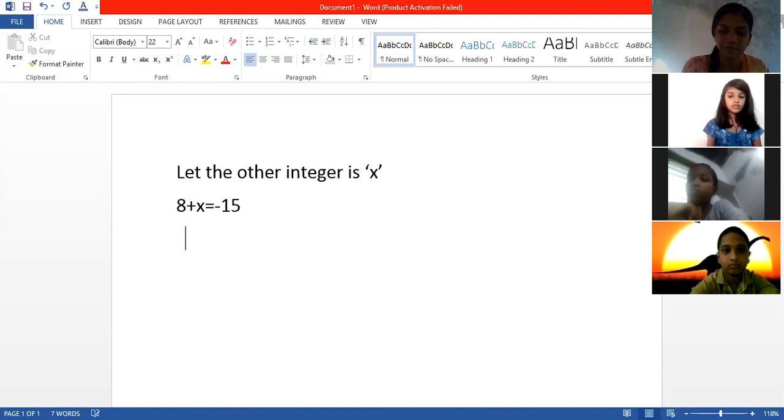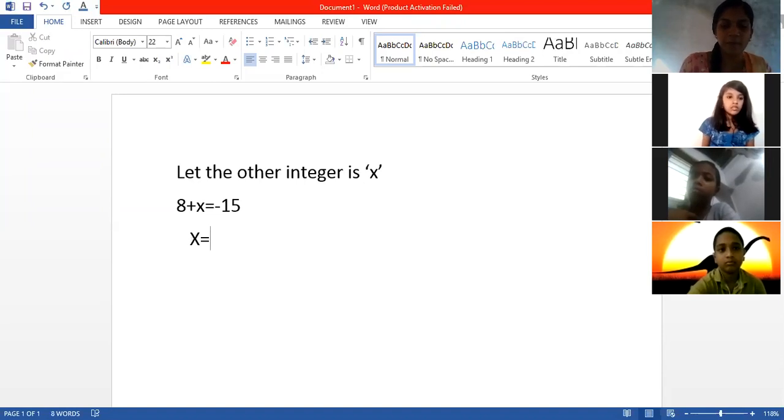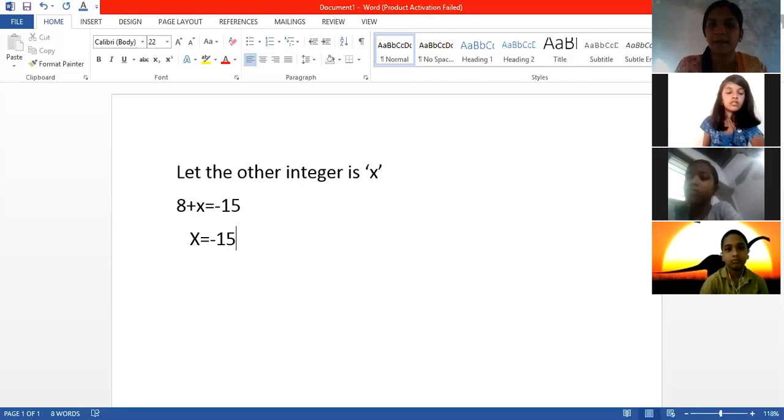Here x is equal to minus 15. This plus 8 becomes minus 8 when we take it to the right side.